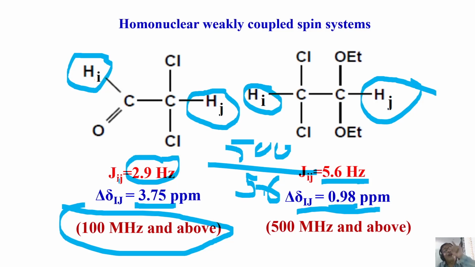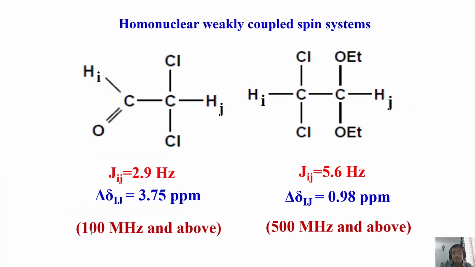You have to go to a very high magnetic field. Let us say at 100 megahertz it is strongly coupled, I will go to 800 megahertz. Chemical shift separation becomes very large. Then it becomes weakly coupled. So the field has a tremendous influence on converting strongly coupled to weakly coupled or vice versa. Okay, this is the important point you must remember.